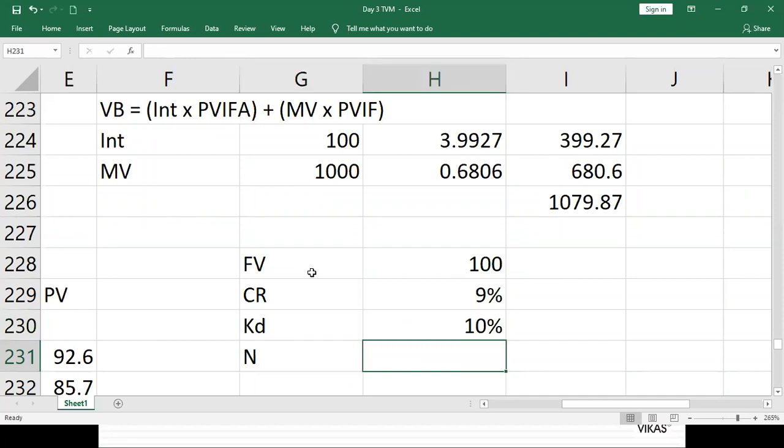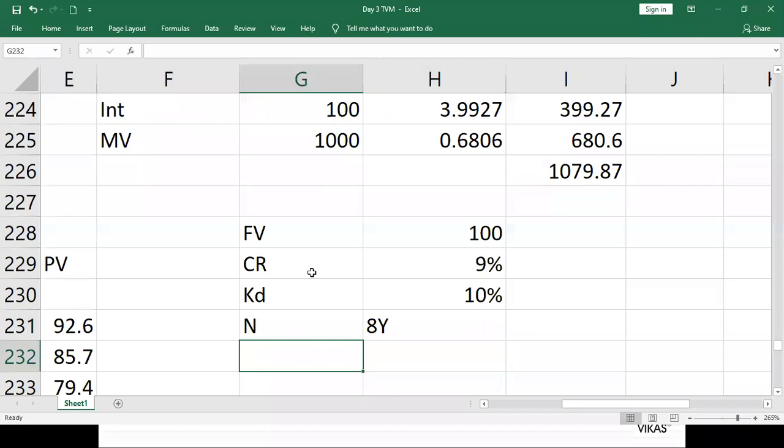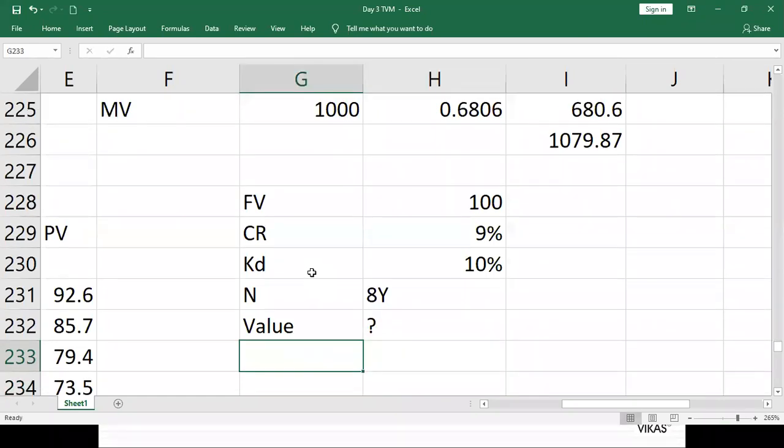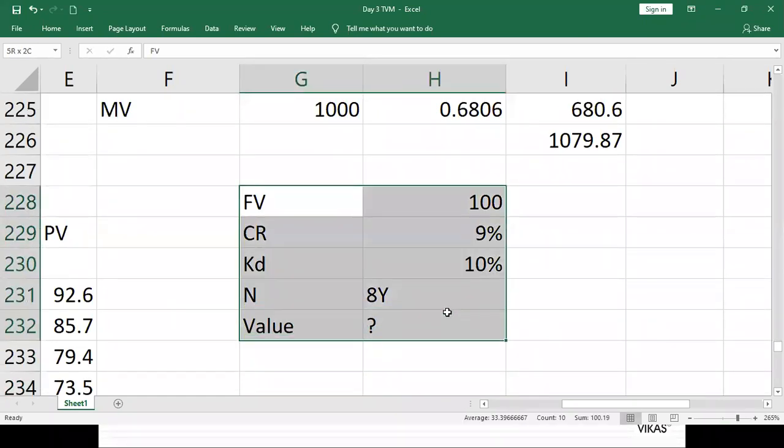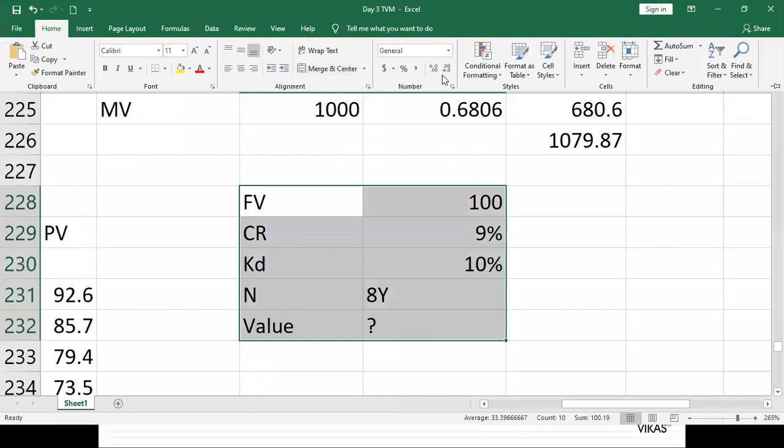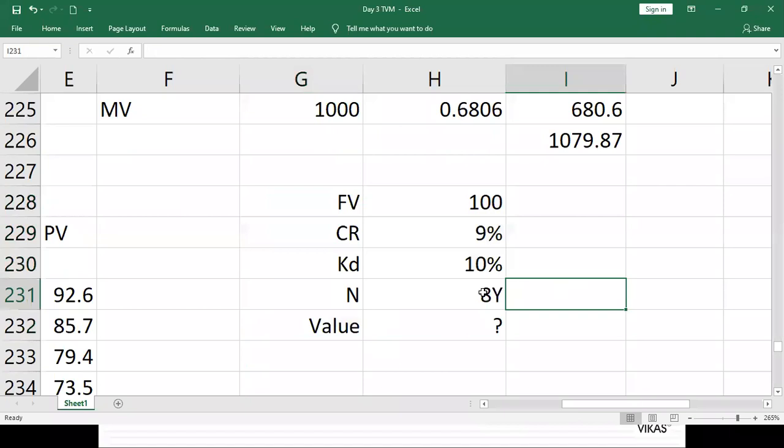The maturity period is 8 years. And what's the value of the bond? Wait, quickly. Can you find the answer using this method?